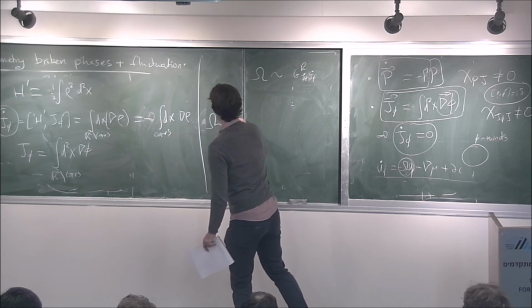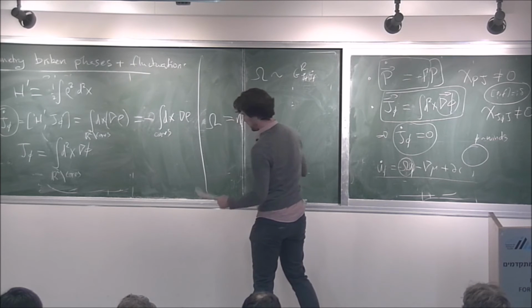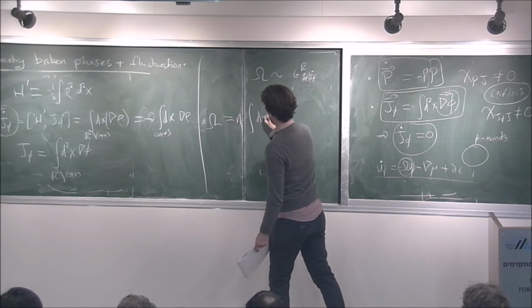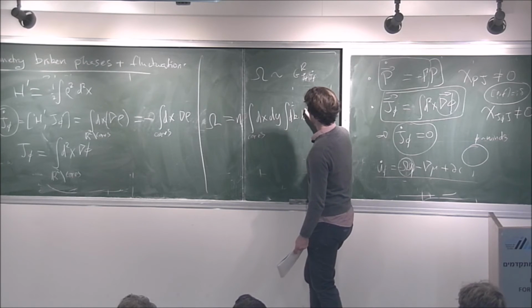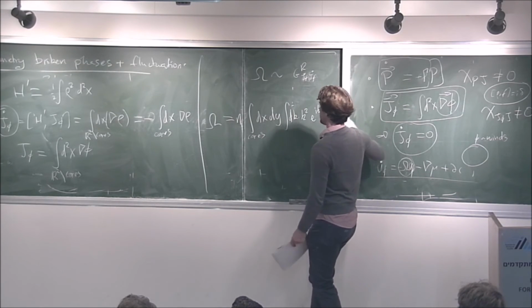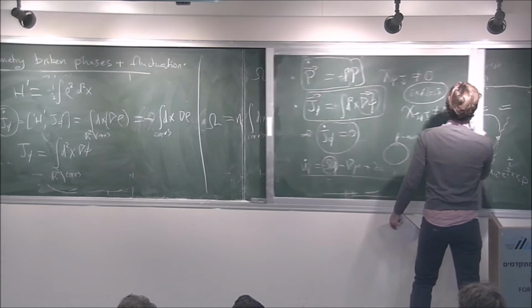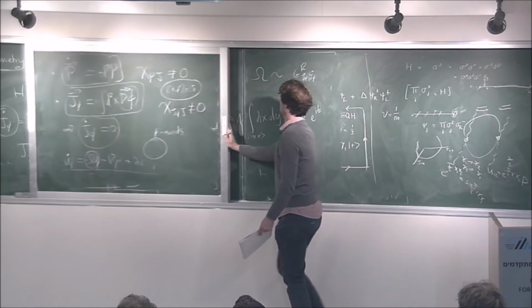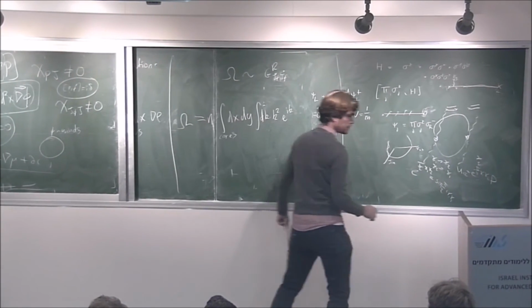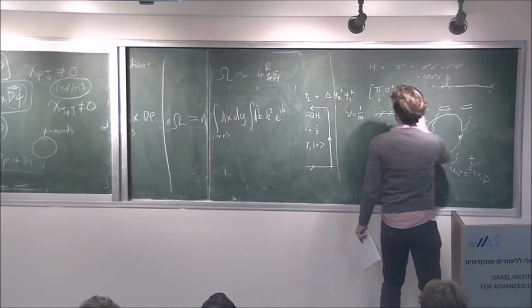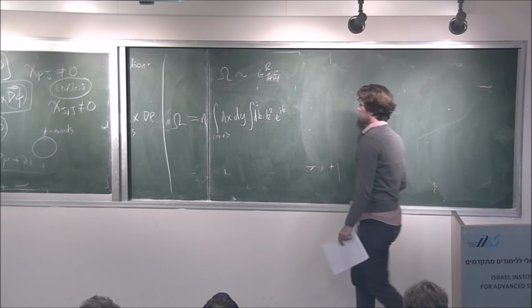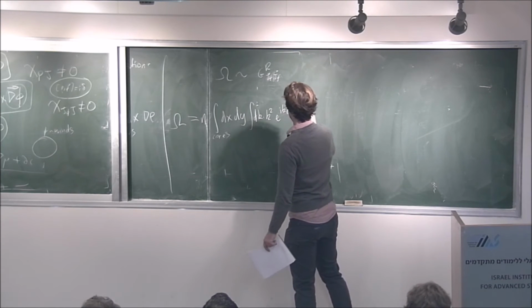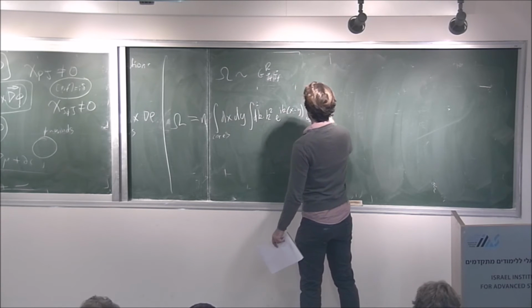So omega is the number of vortices, a double integral over the cores, an integral over k, k squared, e to the i k (x minus y). I'll tell you where all these things come from.